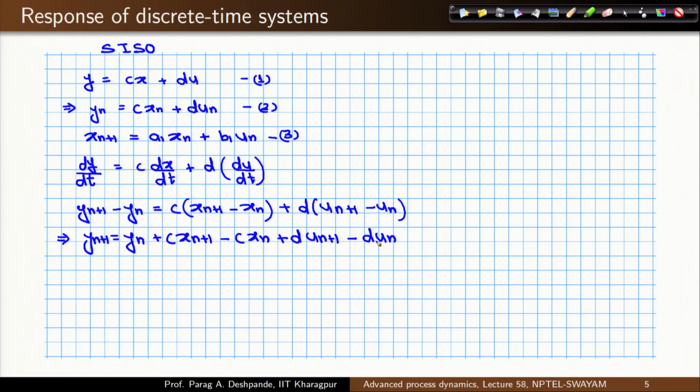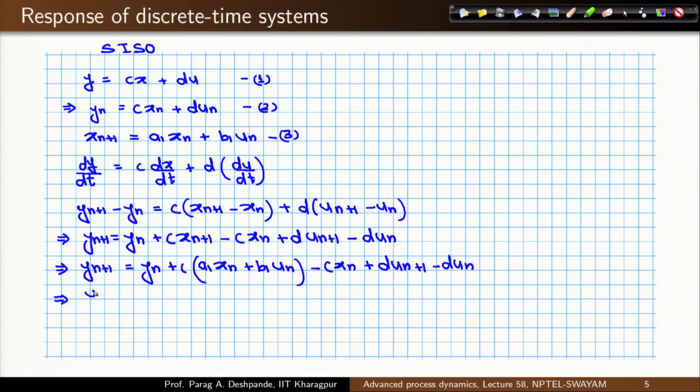And what is x n plus 1 from equation number 3? It is a 1 x n plus b 1 u n. So, let me make use of this. So, y n plus 1 is equal to y n plus c times a 1 x n plus b 1 u n, minus c x n, plus d u n plus 1 minus d u n.